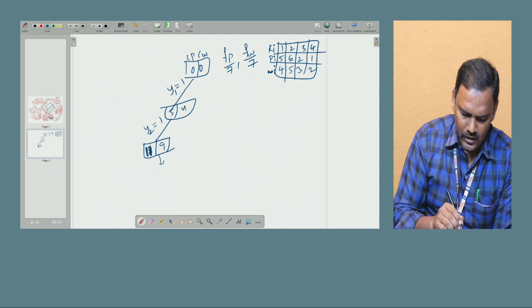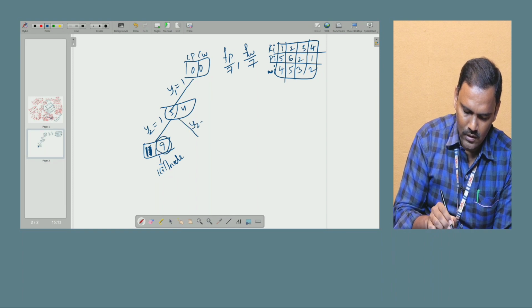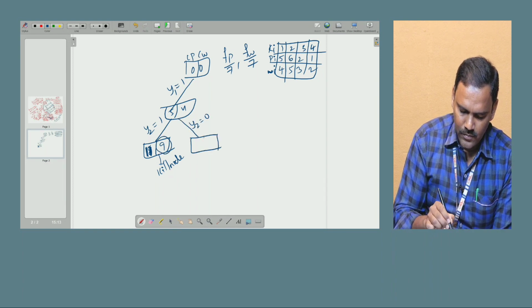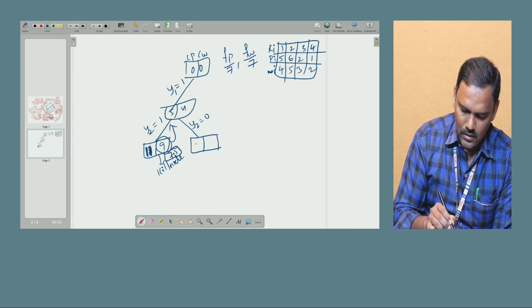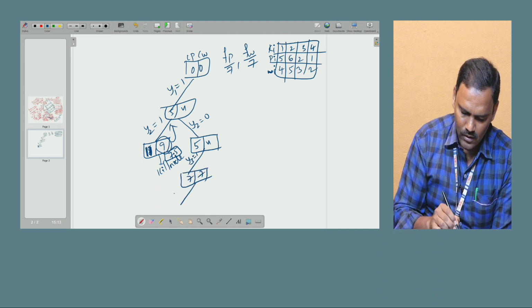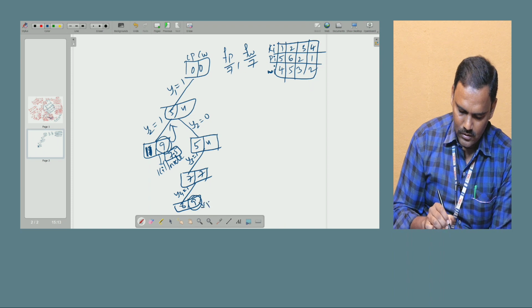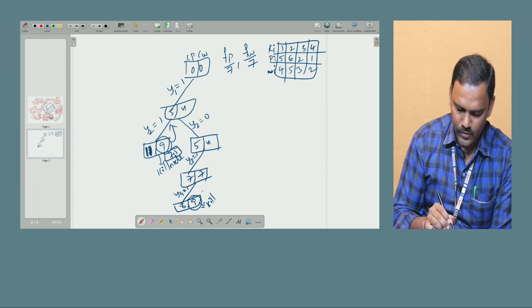Now we will kill this node. Why? Because it is not going to be further used for maximization. Then we have gone for the right child generation by finding the bound function. The bound function we have got here is 7.5. Then we will take 5 by 5, then y3 again with 1, and then you got 7 by 7, then y4 equal to 1, then what you got here is 9, and max profit is again we have got the n, the CW is greater than n, so you are going to be killing the node.